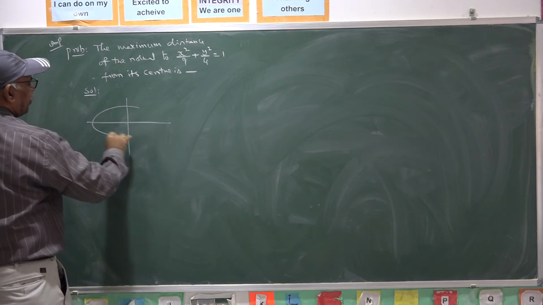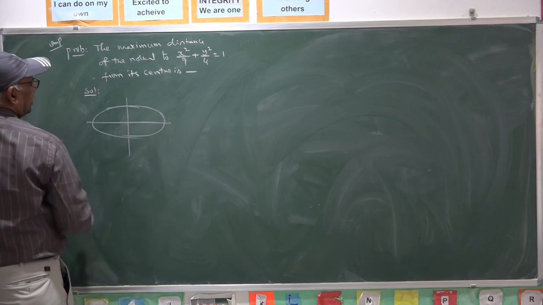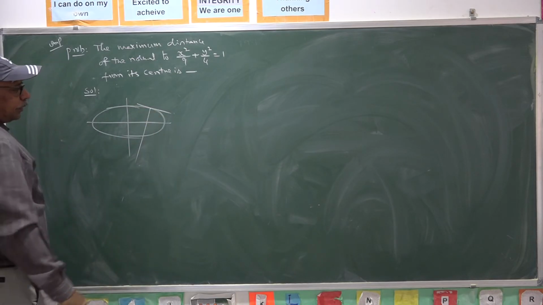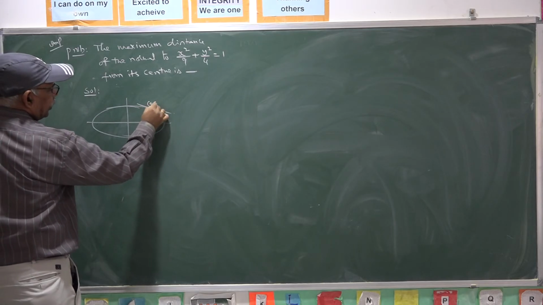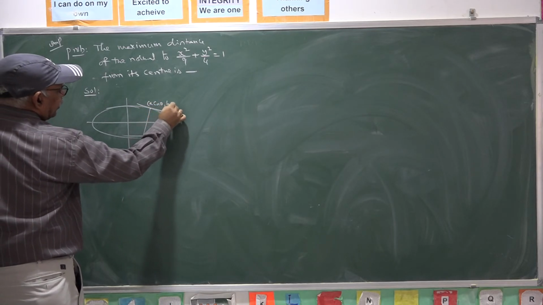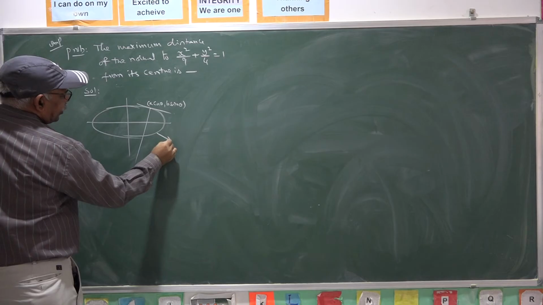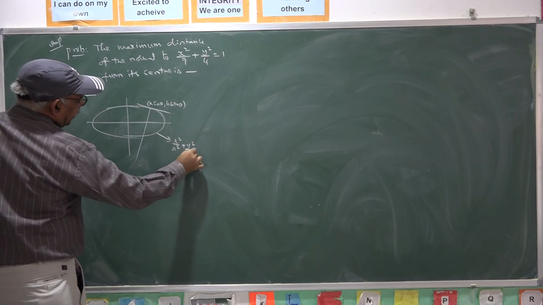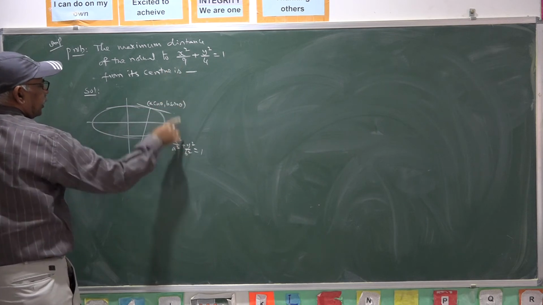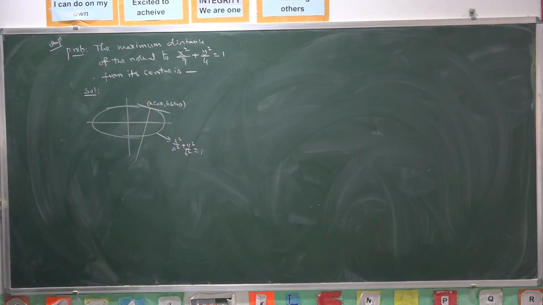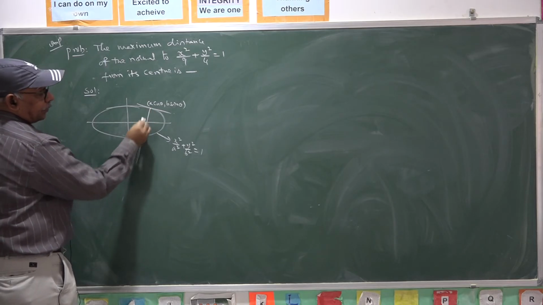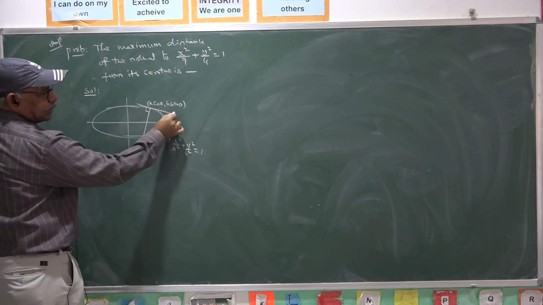So the ellipse is taken and a normal is considered at a point, suppose a cos theta, b sin theta. This is the ellipse, x square by a square plus y square by b square equal to 1. Of course, here a takes the value 3 and b equal to 2. A normal is considered at this point. This is our normal, this is our tangent.